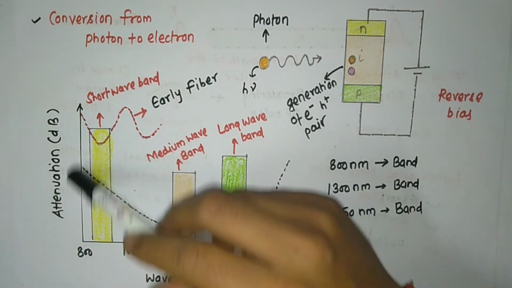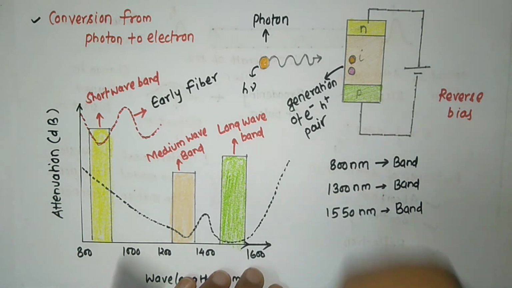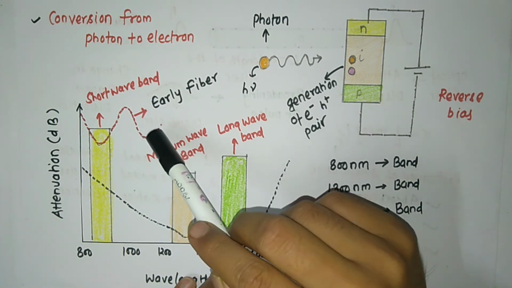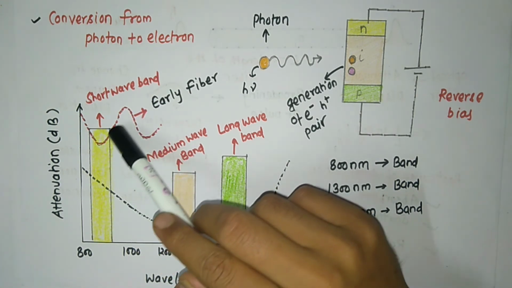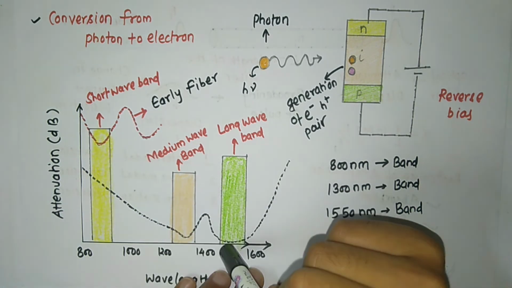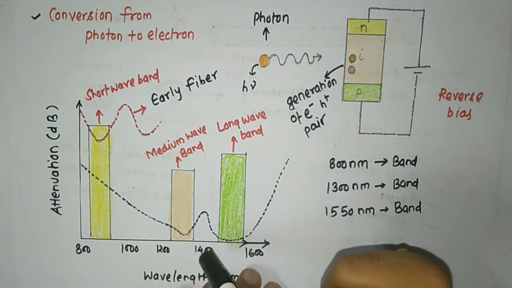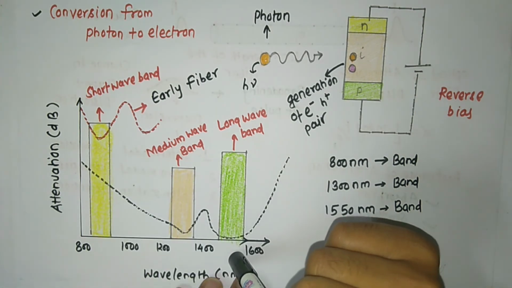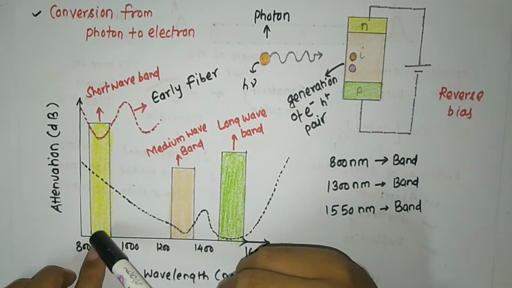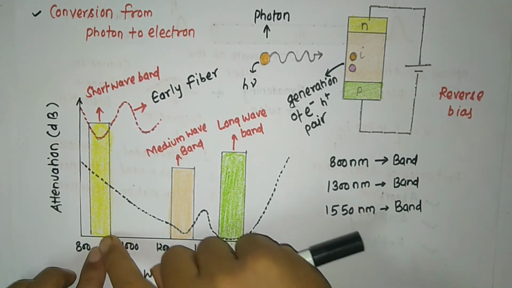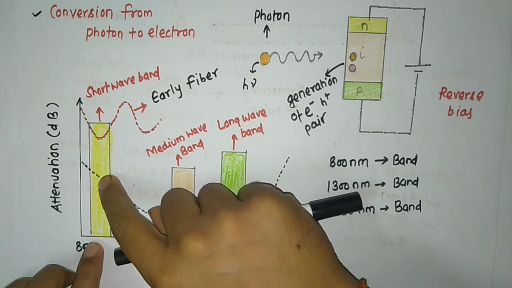Okay, let's see. This is the spectrum of the optical fiber, and this was the early fiber. Early fiber means in old days we used such kind of fiber. First you see this characteristic. This characteristic is plotted between attenuation versus wavelength. At 850 nanometer attenuation is high.